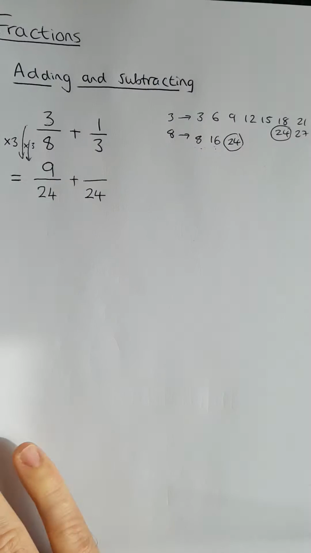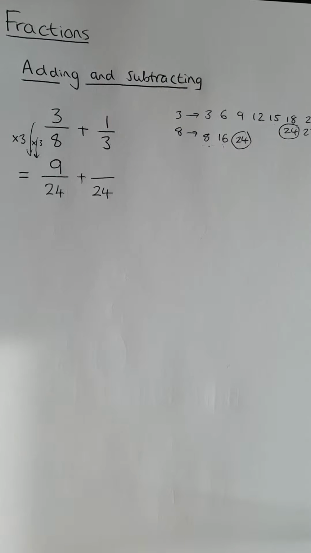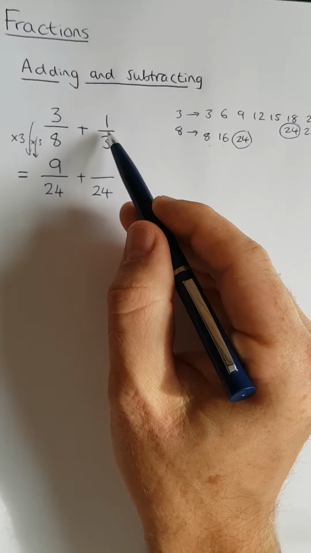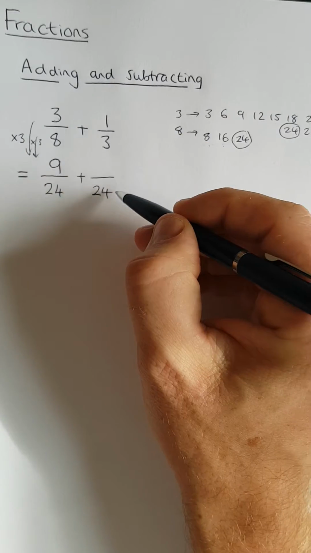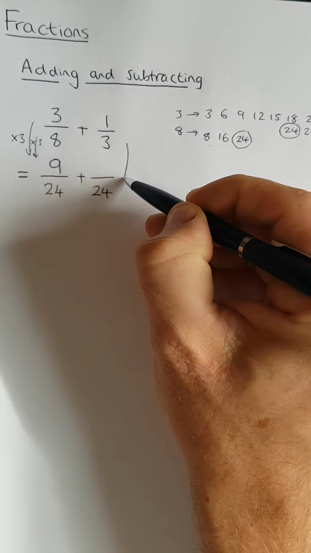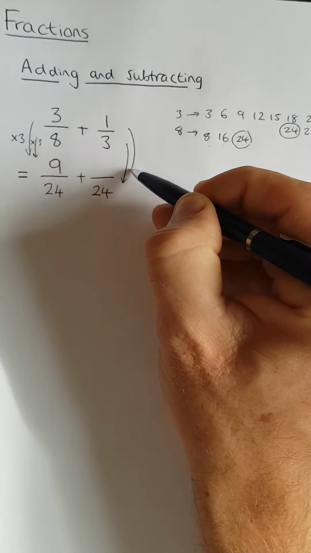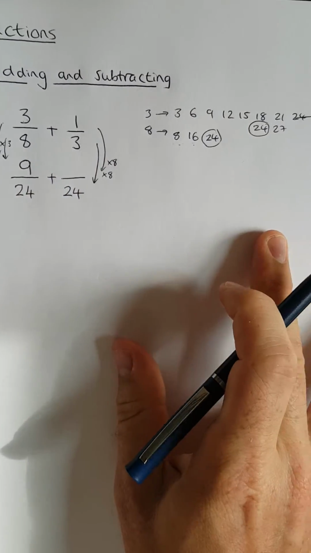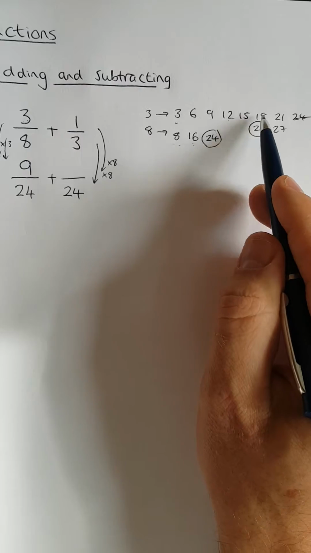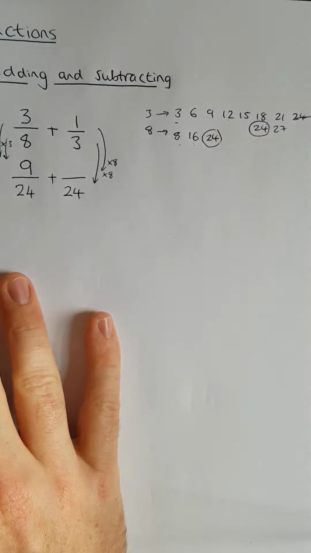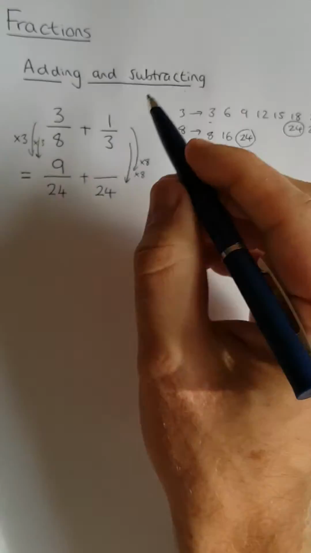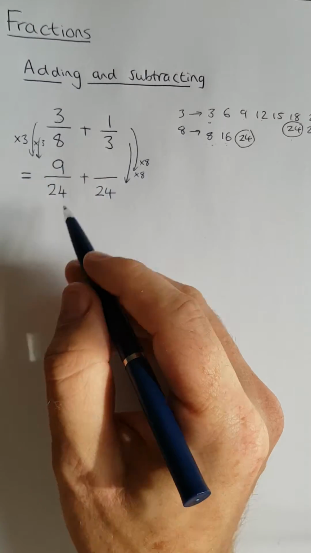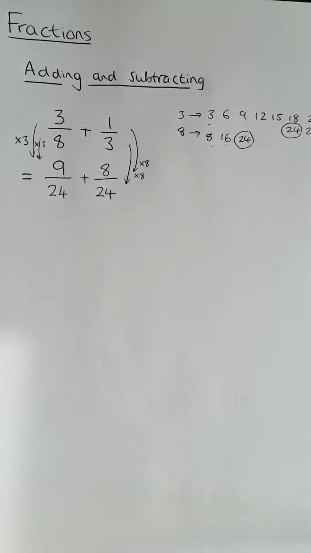So that becomes 9. Over here, to get 3 to become 24, I'm going to have to multiply by 8. 1, 2, 3, 4, 5, 6, 7, 8. So I multiply my 1 by 8 as well.